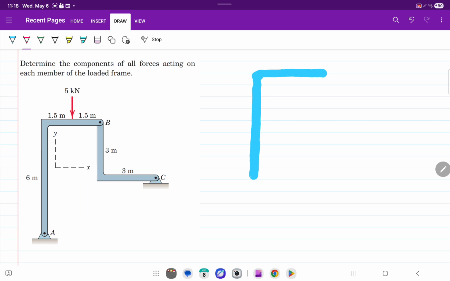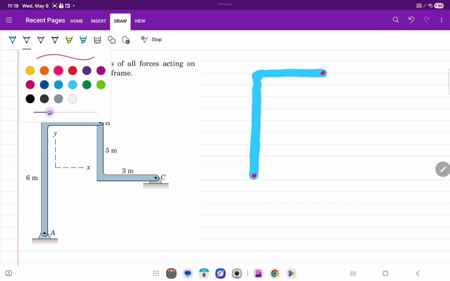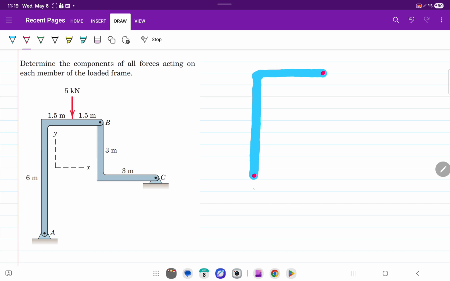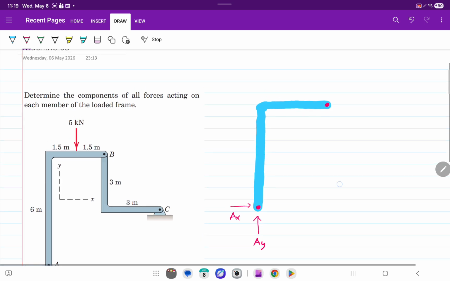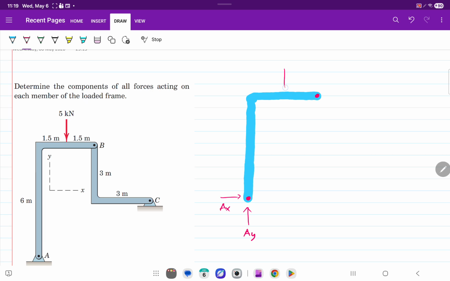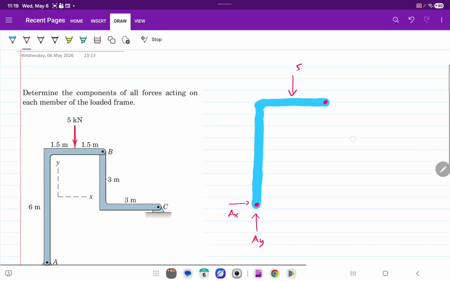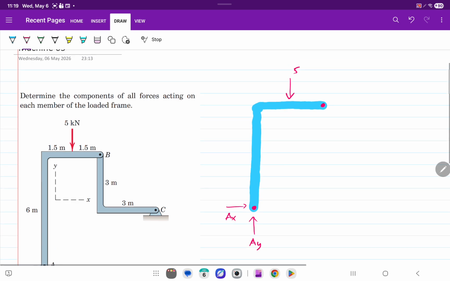And then at point A, you should have AY, and then you have AX, and then here you have 5 kilonewtons, and then you have BX and BY.